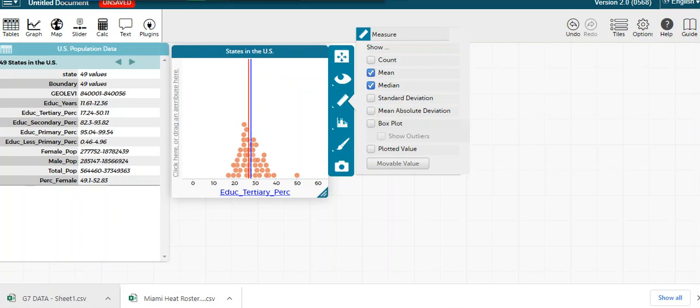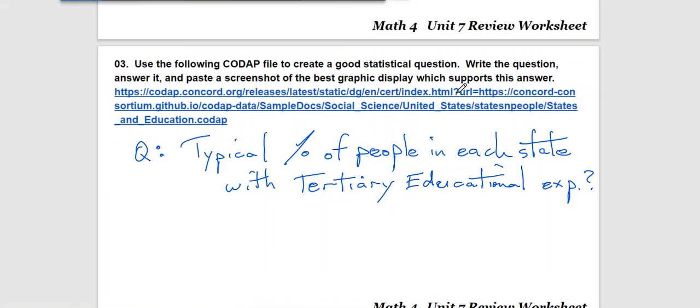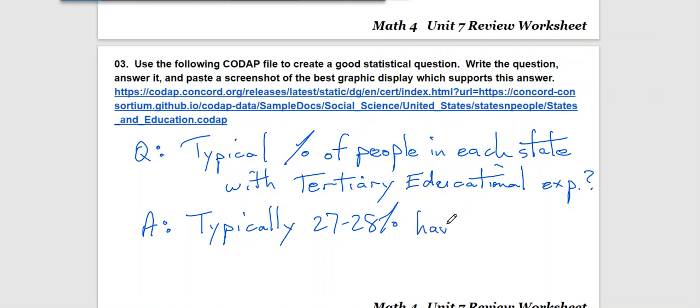So we can say that typically 27 to 28% have this experience. No, that's not a question. That's a statement. All right, so that's our answer.